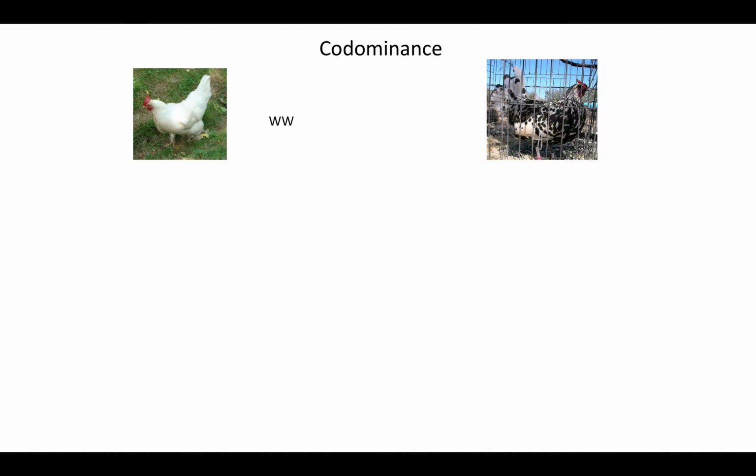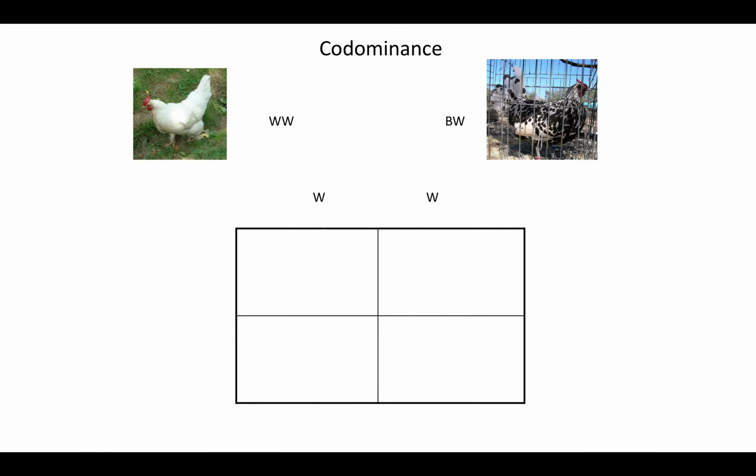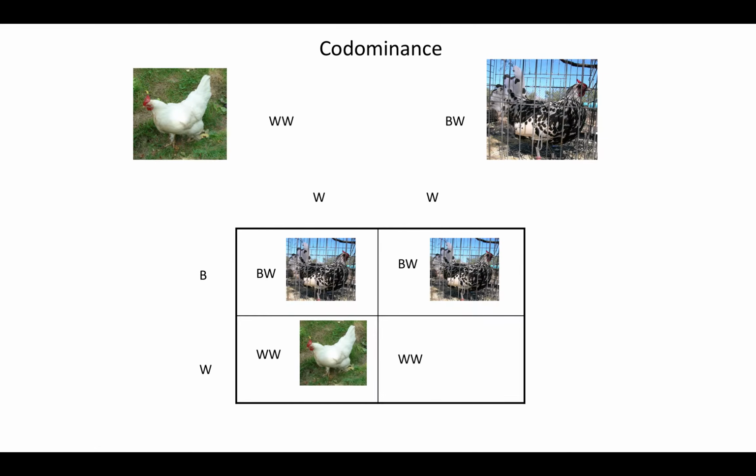The white parent has capital W, and the erminette has BW. Putting them into a Punnett square, the first box is going to have BW, as is the second. The third box, WW, and the fourth, WW. The first offspring is erminette. The second is erminette. The third is white, and the fourth is white.